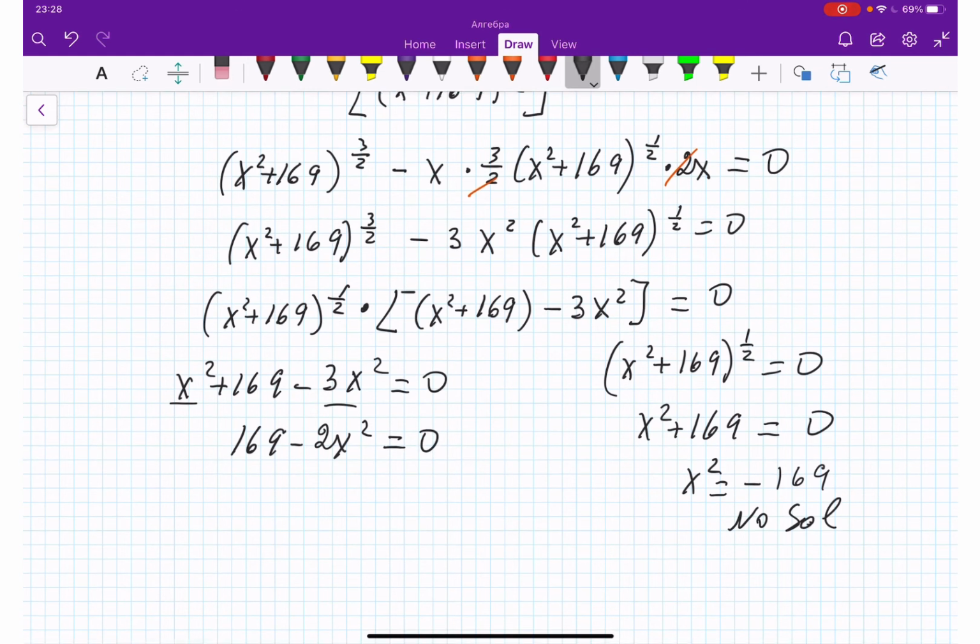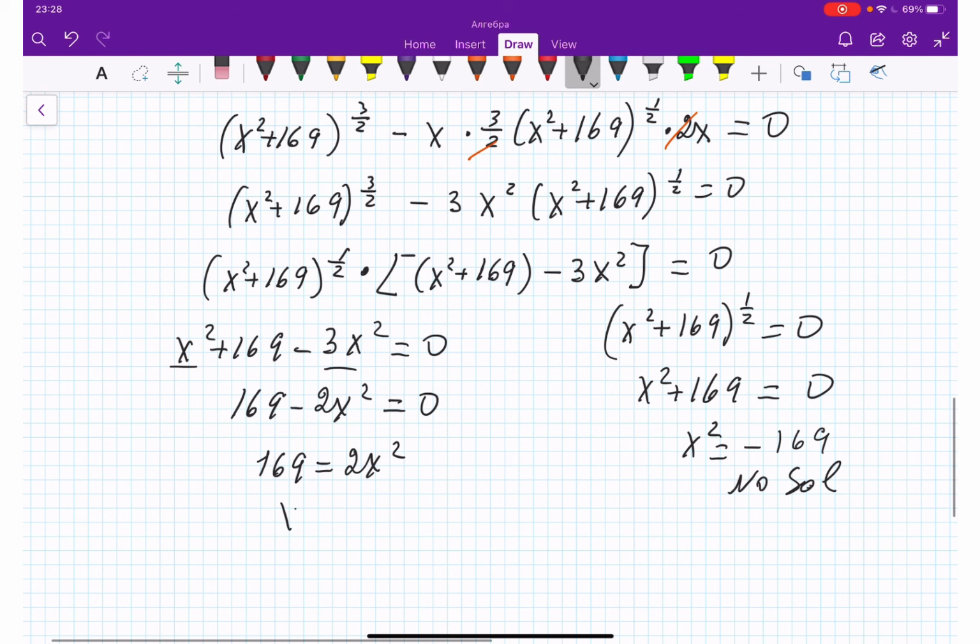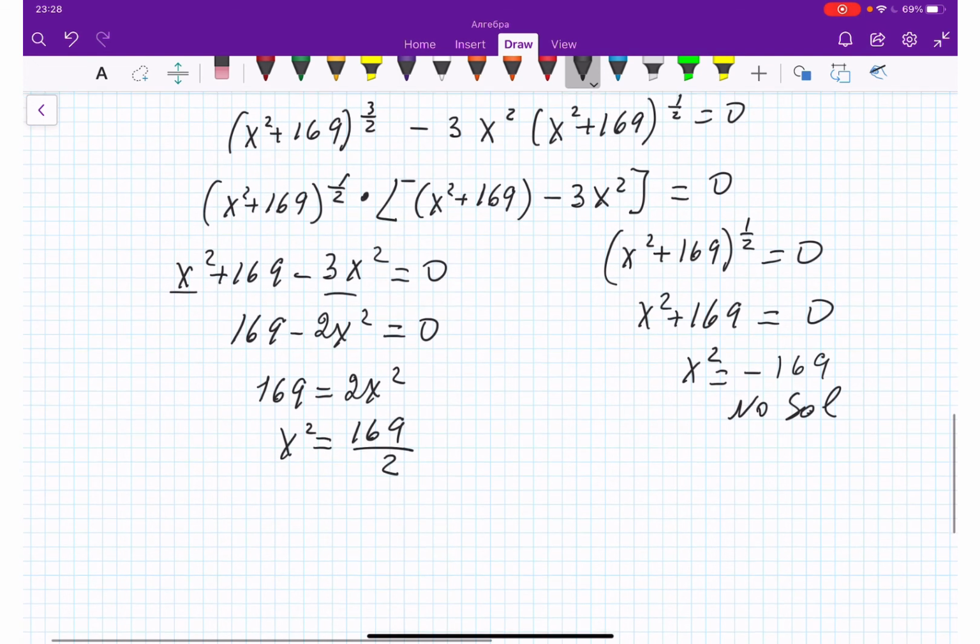Okay, and 169 is equal to 2x squared. x squared is equal 169 over 2, and x is equal 13 square root of 2.